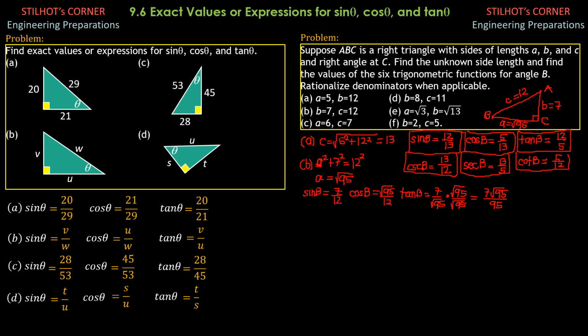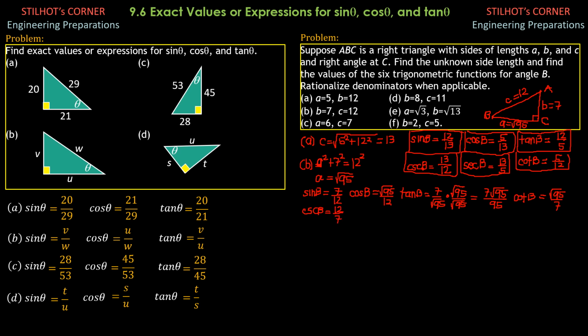Then cotangent of B is simply the reciprocal of 7 over square root of 95, and that is square root of 95 over 7. Then cosecant of B, the reciprocal of sine, is 12 over 7.